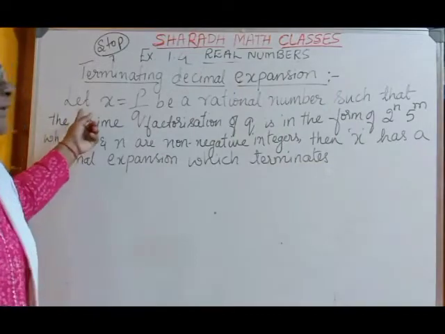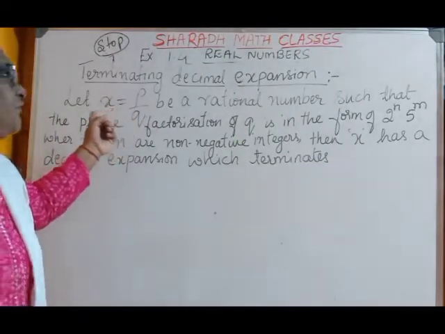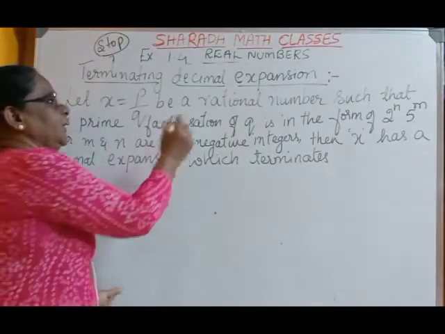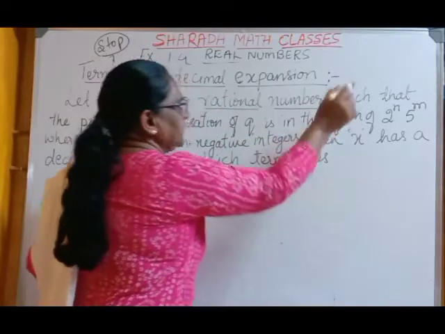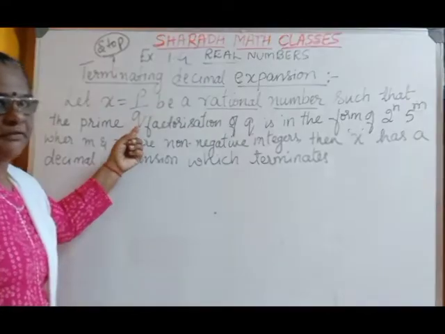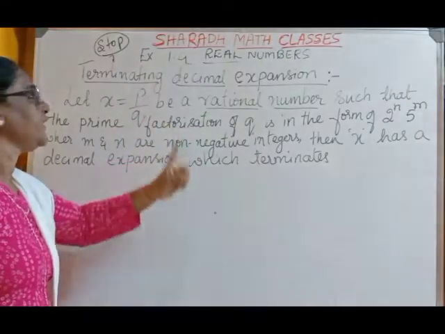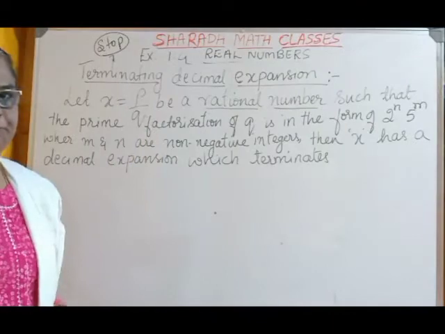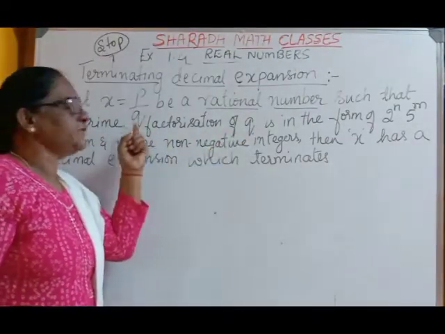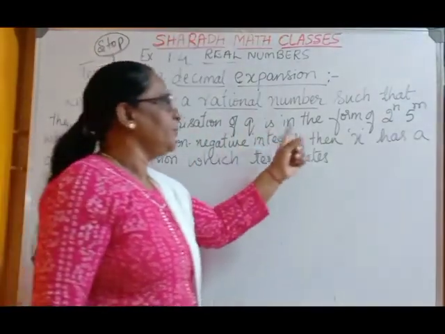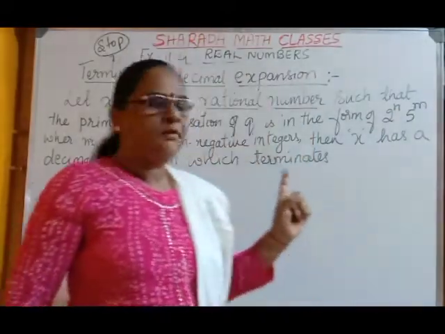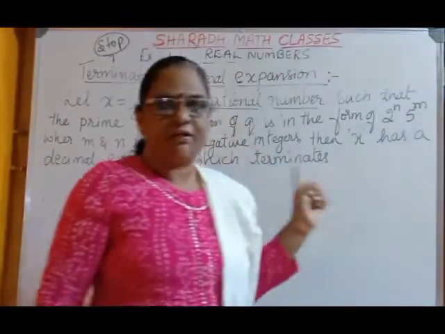Now let us see. x is a rational number in the form of p by q, such that the prime factorization of the denominator, when you take out the prime factors for p and also for q, is in the form of 2 to the power of n, 5 to the power of m, where m and n are non-negative integers.